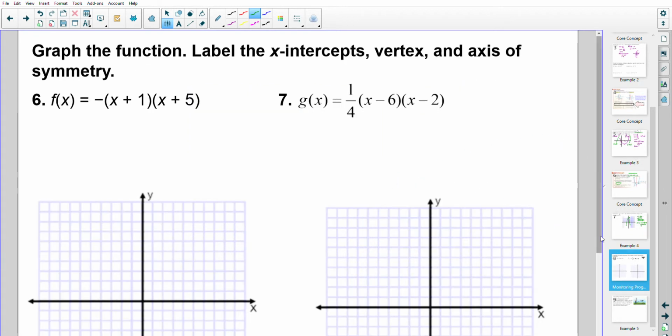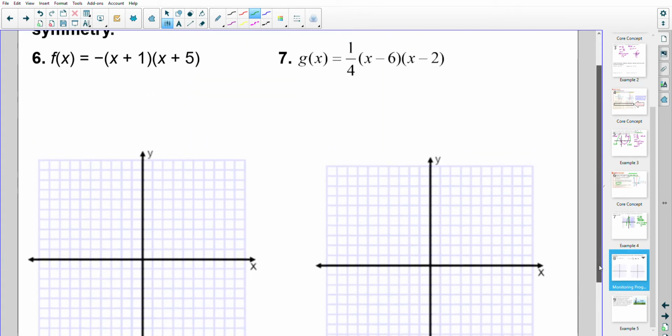You could do the same thing for these graphs as well, just thinking about the x-intercepts. You have x is equal to -1 and -5 in this case. So you know that the x-intercepts would go through there, and you know it's going to be a negative, so it's going to look something like this.